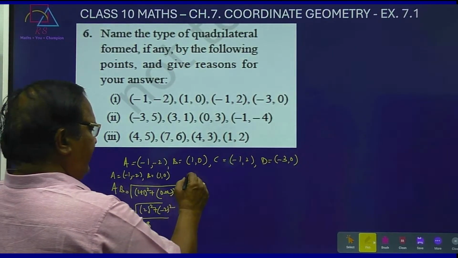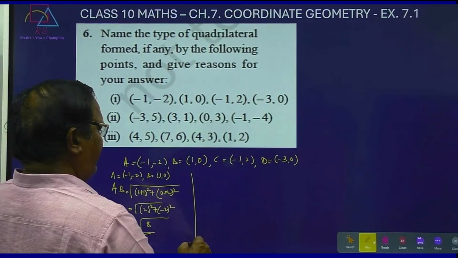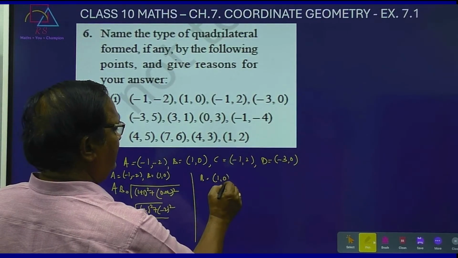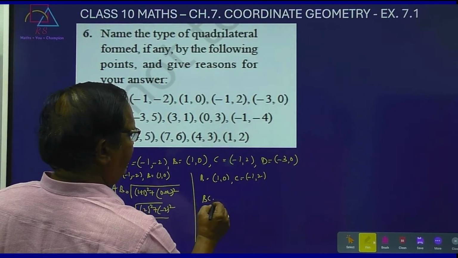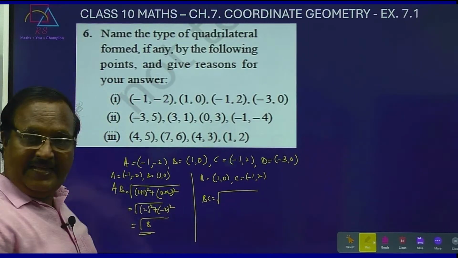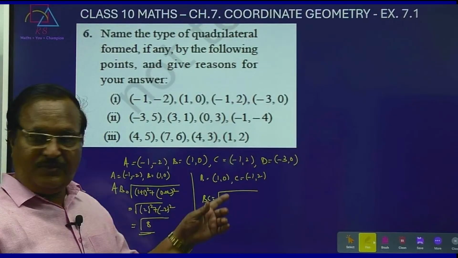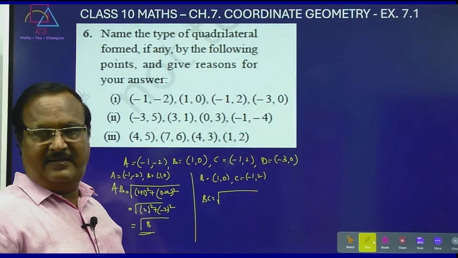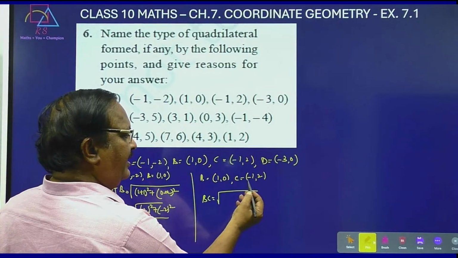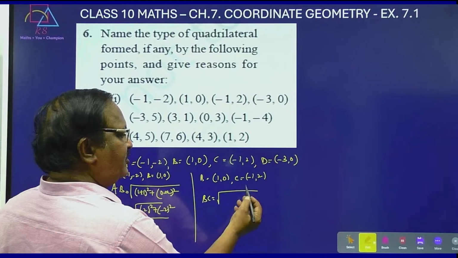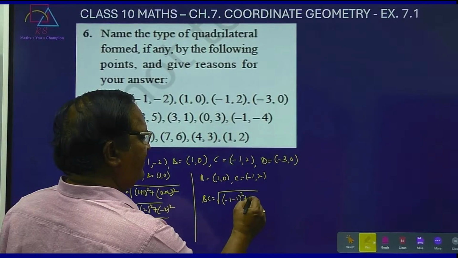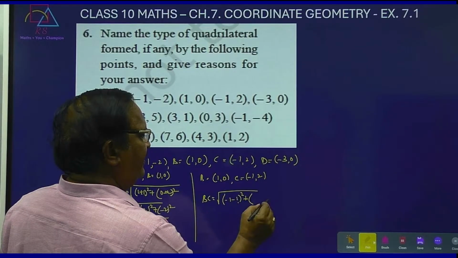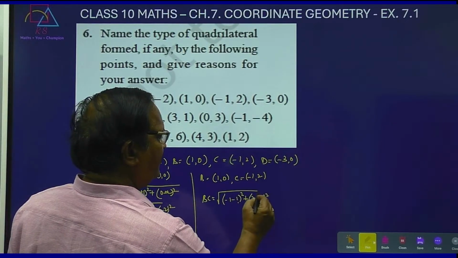I got AB. Then BC you should get. B is equal to 1 0 and C is equal to minus 1 2. So you find out BC. Like this you should write B and C and find out BC. Okay. So x2 minus x1 whole square, minus 1 minus 1, minus 1 minus 1 whole square, and 2 minus 0, 2 minus 0 whole square.